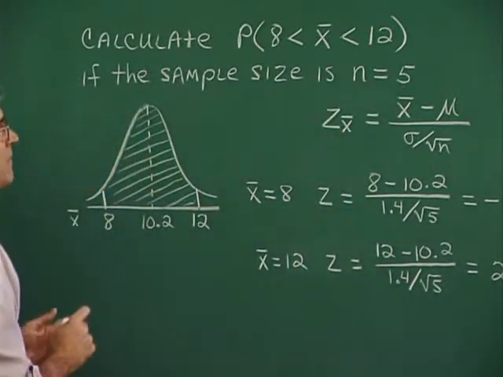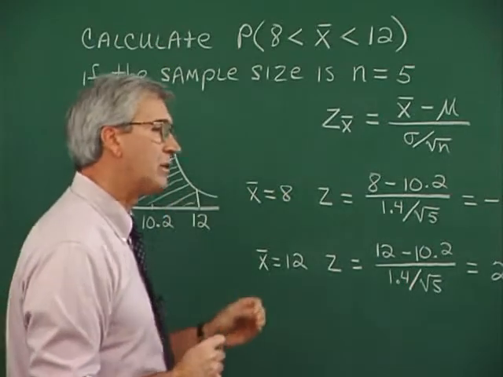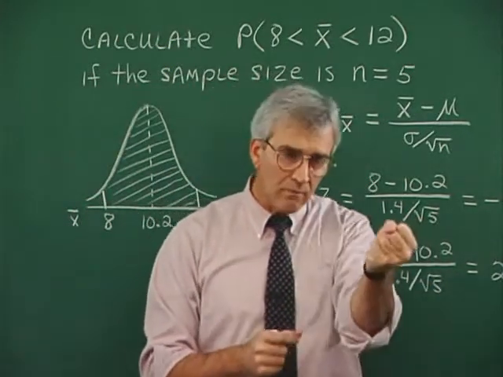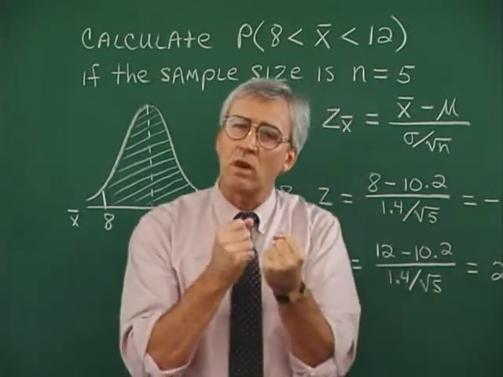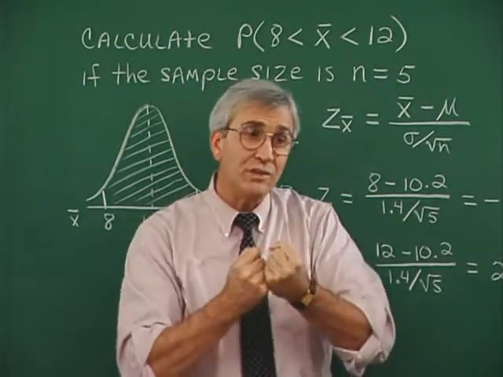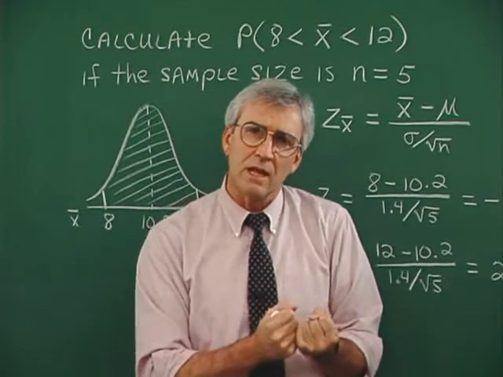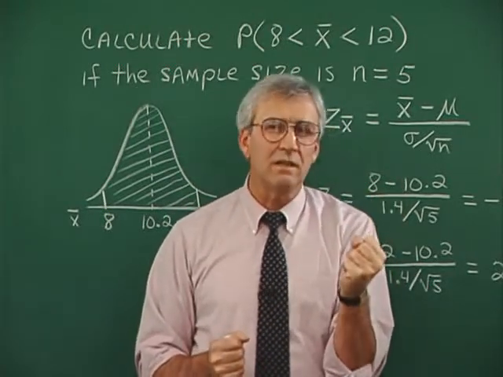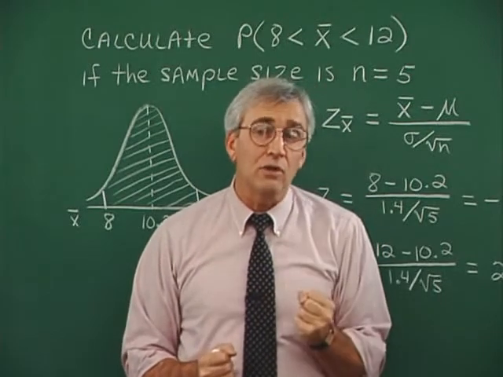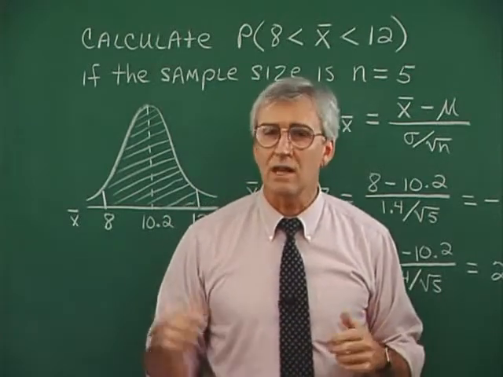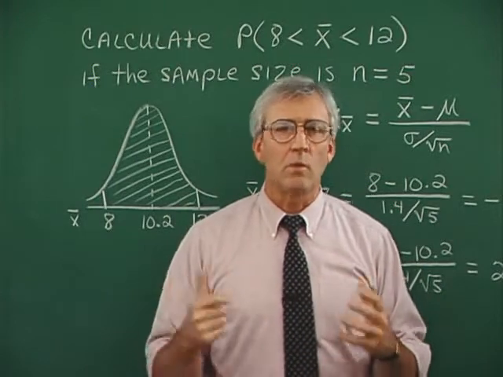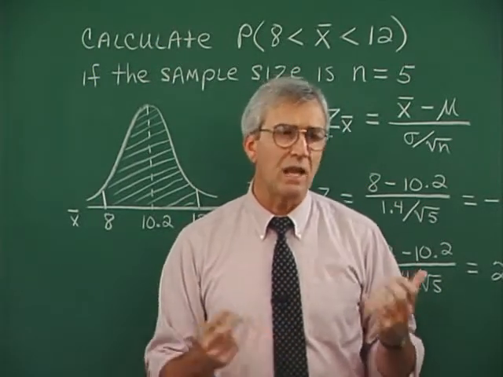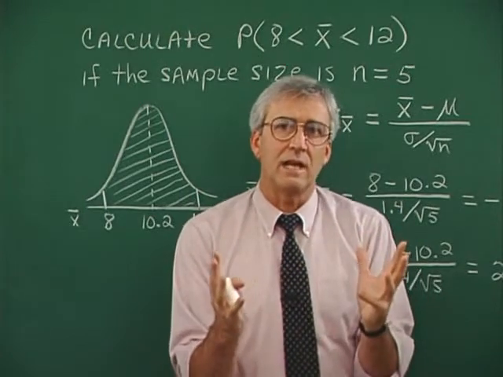So we have all of the samples of size 5 that come from this population, and we want to talk about an x-bar distribution, a distribution of those sample means, and we want the probability that a randomly selected x-bar value will fall between 8 and 12. It's kind of similar to the earlier problem, but we're talking about sample means here in this distribution and not just randomly selected x values.